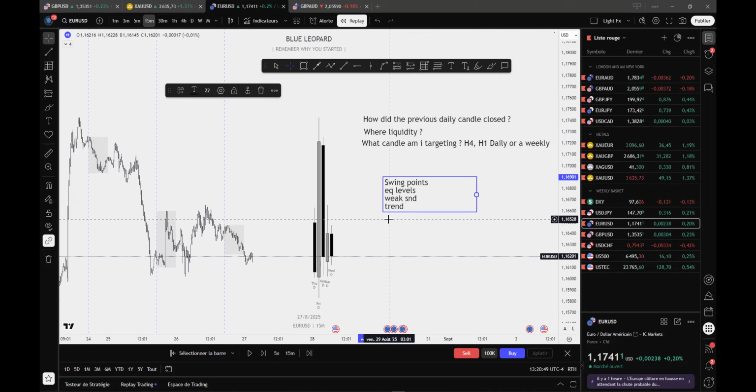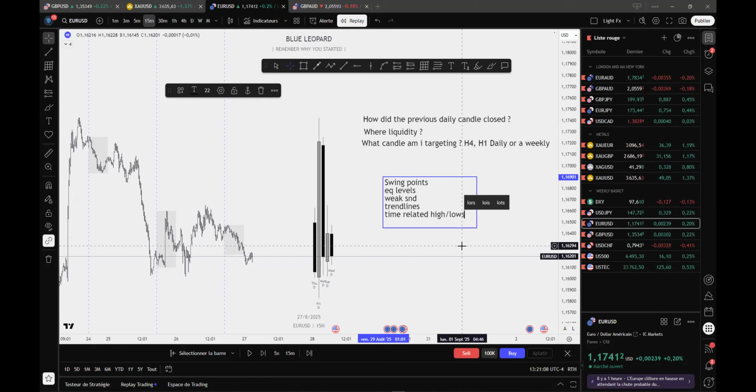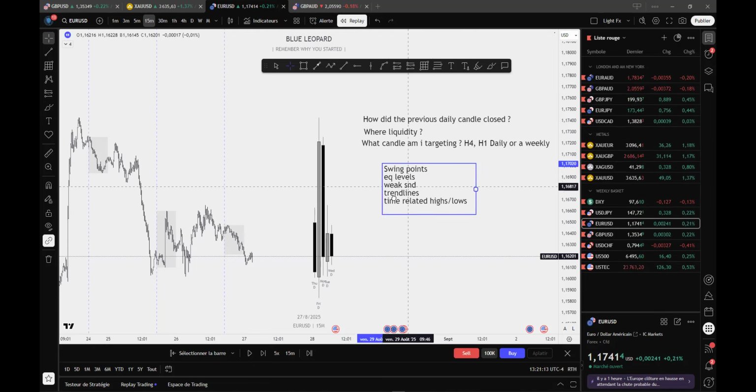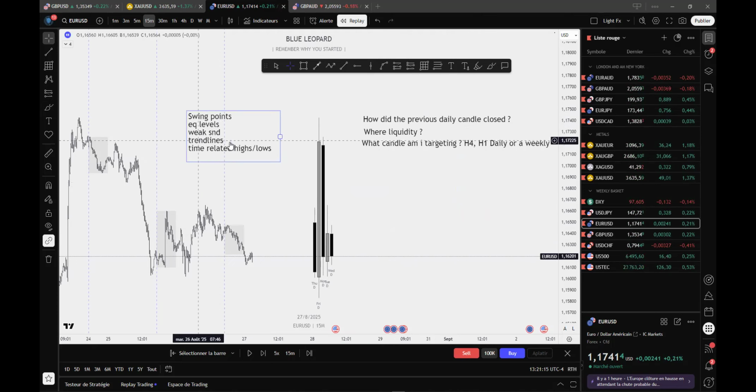Price will sweep liquidity like crazy when there's a trend line. So you have swing points, equal levels, weak S&D, trend lines, and time related highs and lows, like daily high or daily low, or weekly high or weekly low. If you keep this in your notes, you won't be surprised.